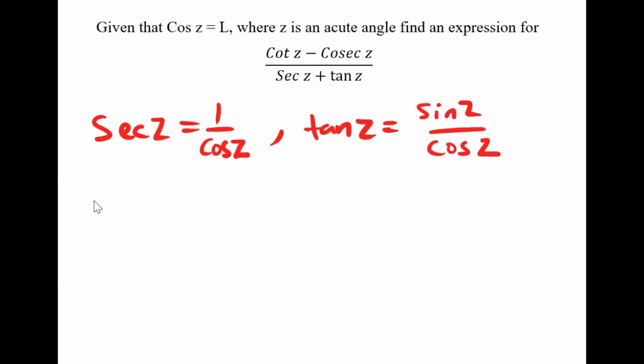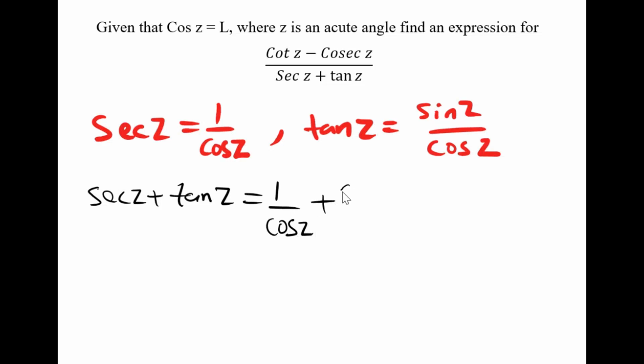This implies that sec z plus tan z is equal to 1 over cos z plus sin z over cos z.